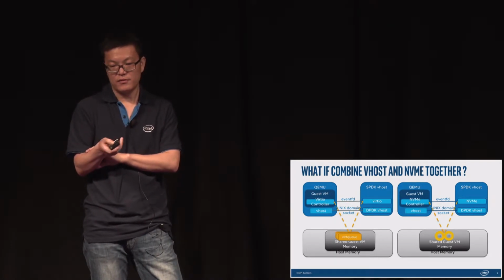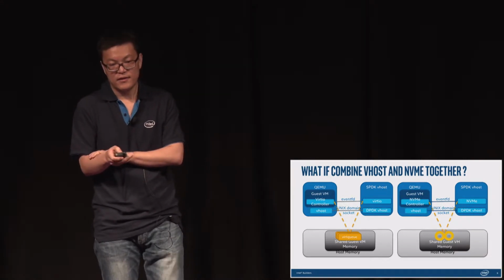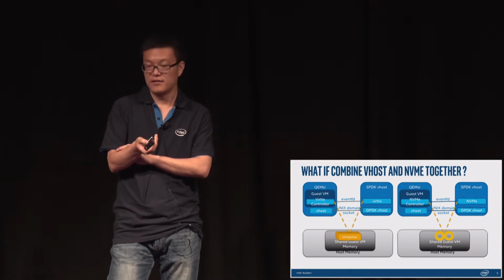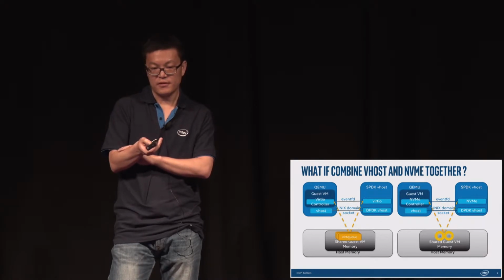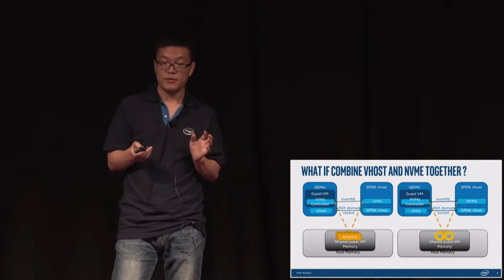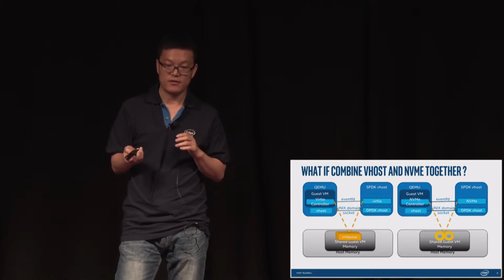So they both use similar mechanisms. You can see that the event FD can be used to inject an interrupt into the guest to notify that the IO is completed. The Unix domain socket is just used to set up the shared memory between the guest and QEMU, and between QEMU and the SPDK vhost target. It is not used for the data path.